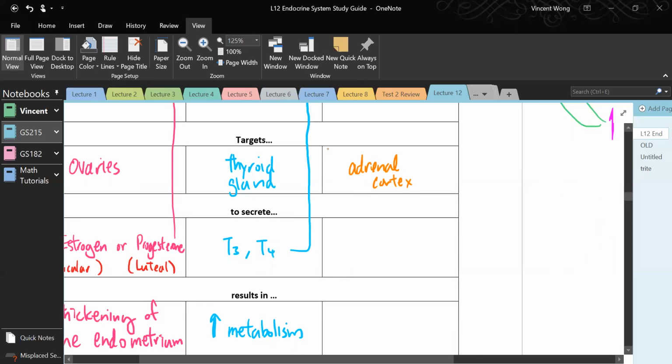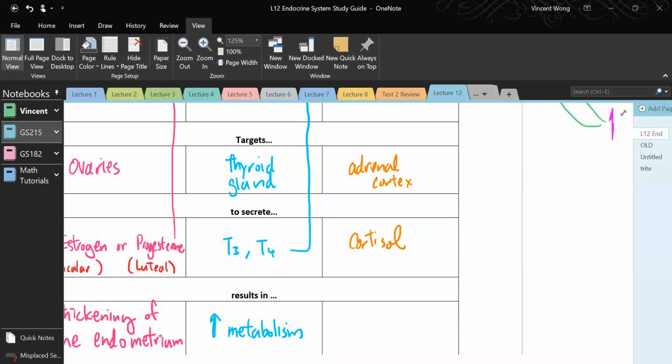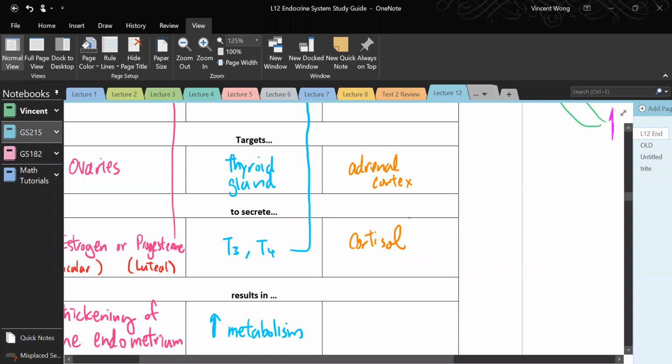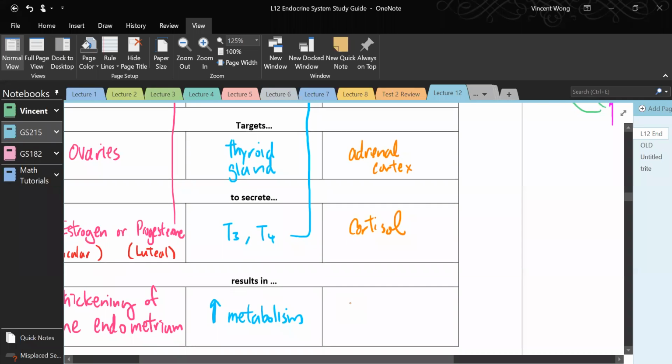It will release the mineralocorticoids and the glucocorticoids. But since we're using cortisol as an example, we'll say secrete cortisol. And to keep it simple, the cortisol will result in increased resource availability in the body.